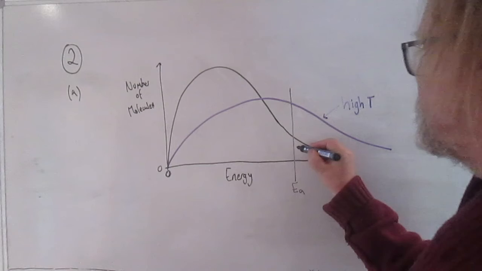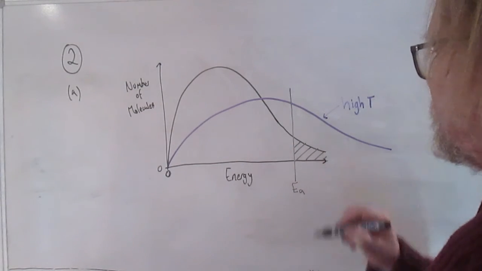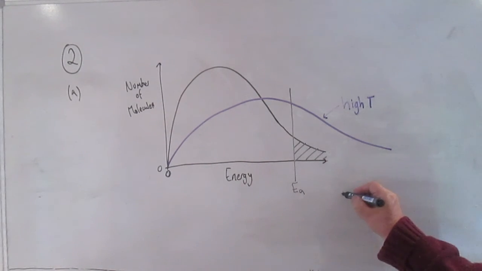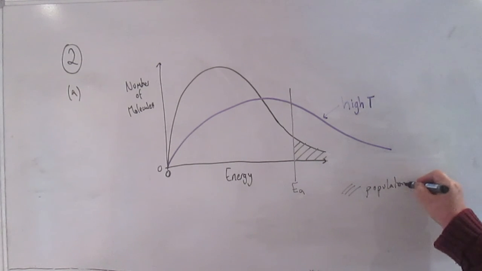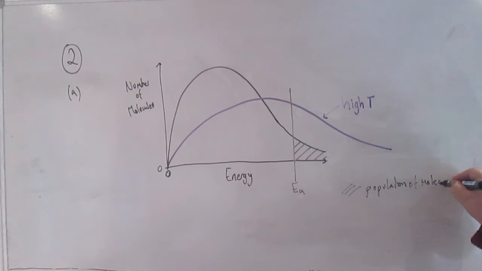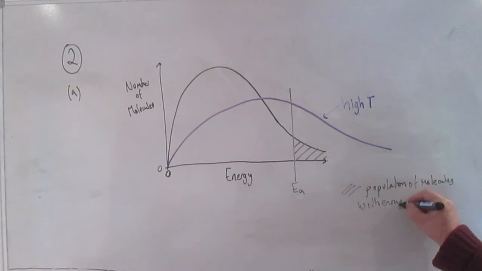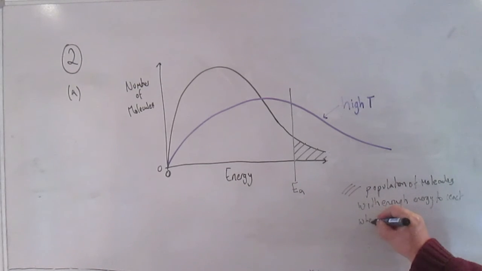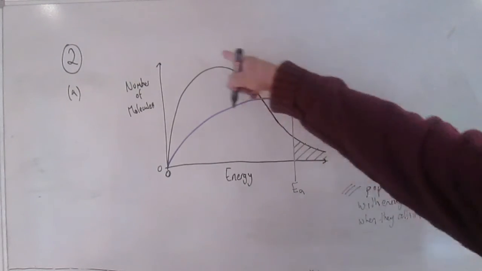So a good way to do it is to use shading to mark this on. Remember, you can't use colours in the exam, so shading is a good way to do it, and just indicate that that represents the population of molecules with enough energy to react when they collide, and this is the low temperature curve.